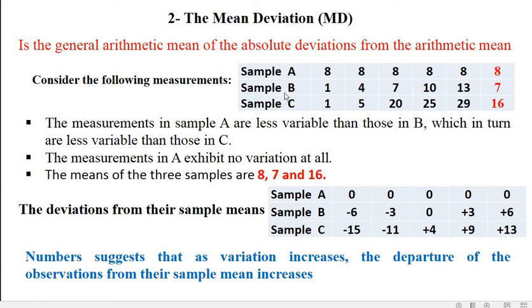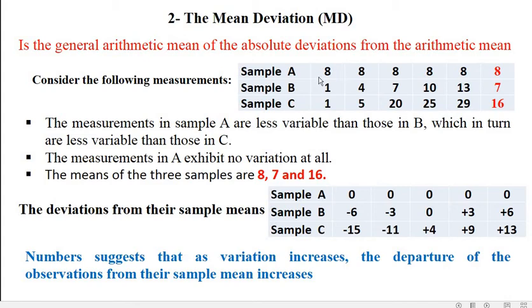Sample B: 1, 4, 7, 10, 13, and the mean X bar is 7. Sample C: 1, 5, 20, 25, 29, and the X bar, or the mean, is 16.